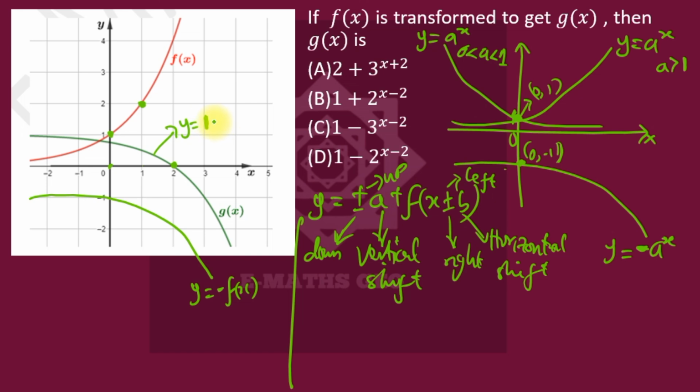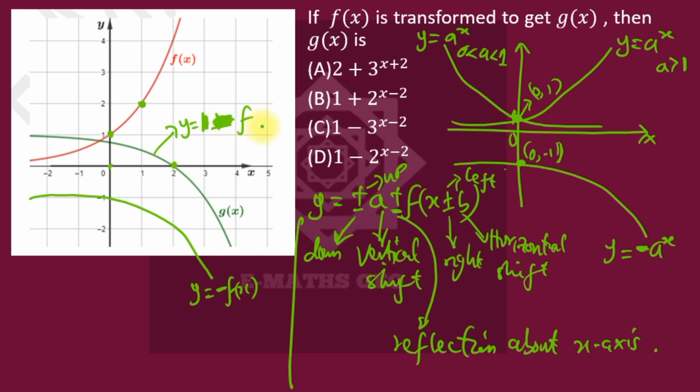Because okay, it should be minus, this is now minus f of x, no more plus. So if you have minus here, it means reflection about the x-axis, not the y-axis. So this is 1 minus f of x.